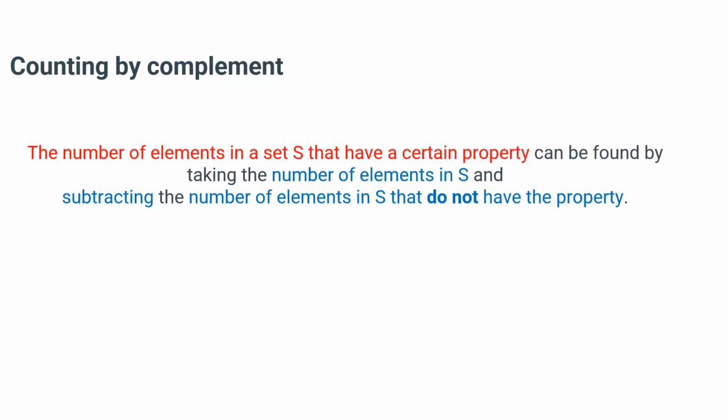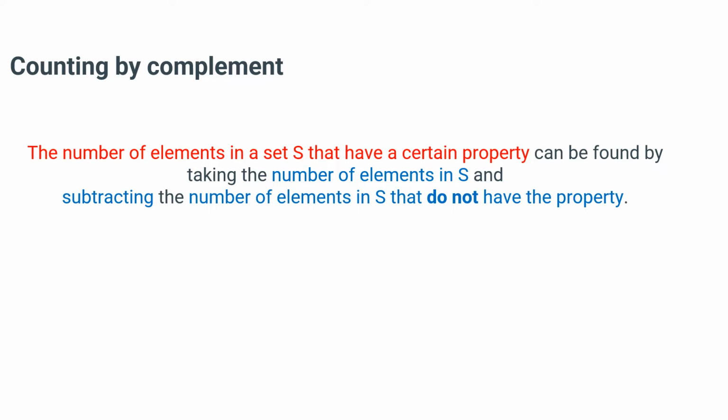Here's the rule. The number of elements in a set that have a certain property can be found by taking the number of elements in that set and subtracting the number of elements that do not have the property. So let's say I have a bowl of M&Ms.